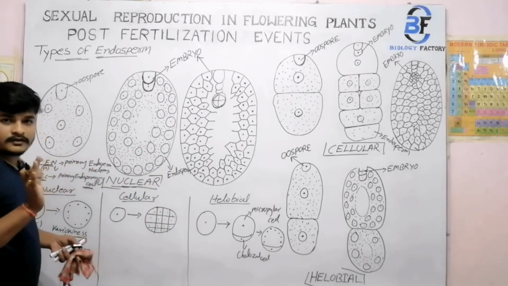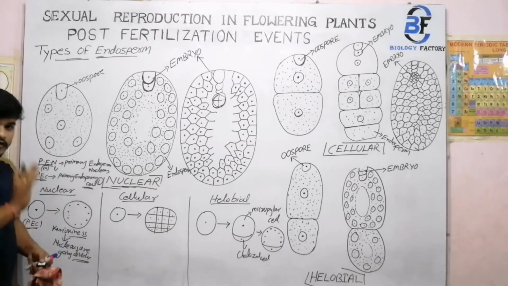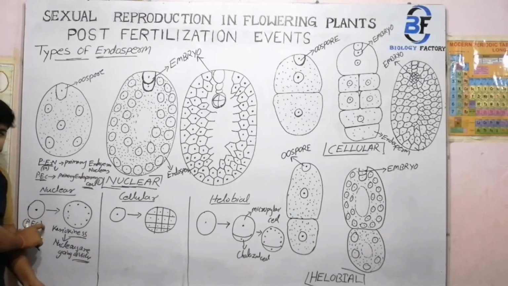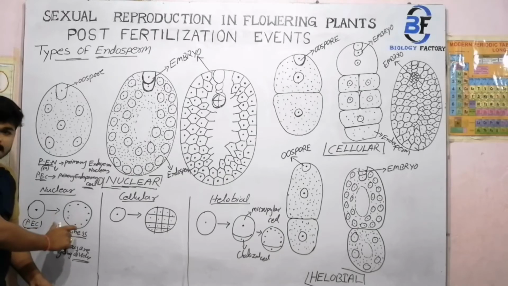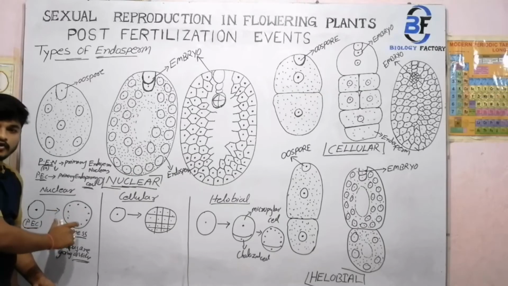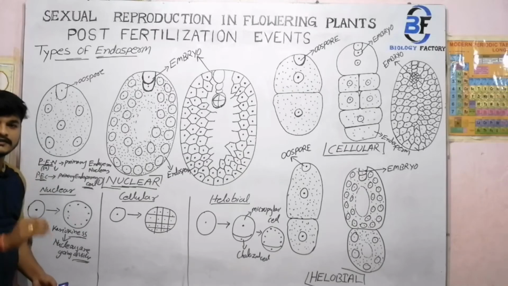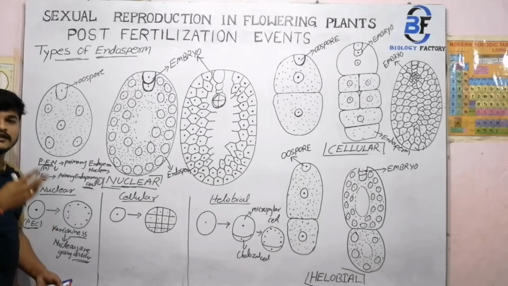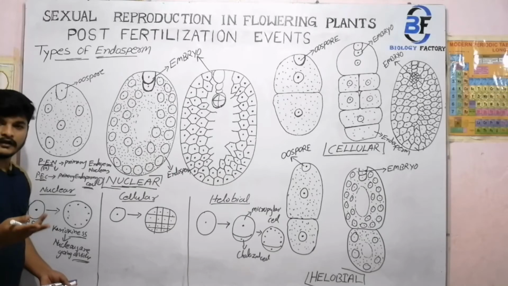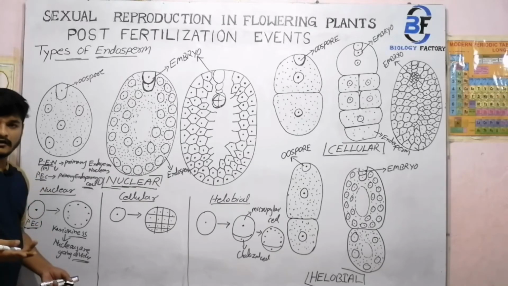It is most important, just understand. So what happens here overall? The primary endosperm cell firstly does the karyokinesis process. Karyokinesis means nuclear division takes place, and by nuclear division it divides a number of times, and a number of free nuclei are formed.